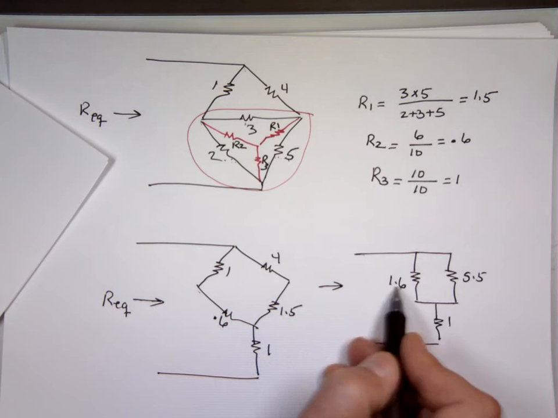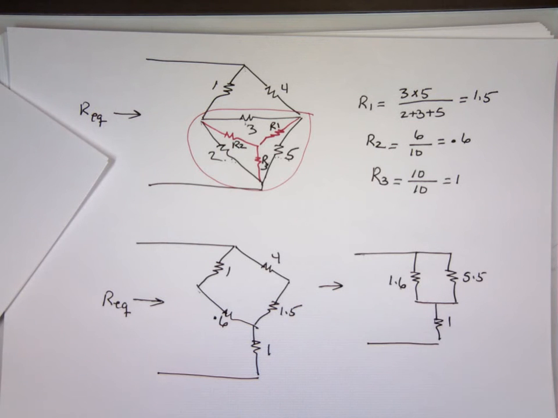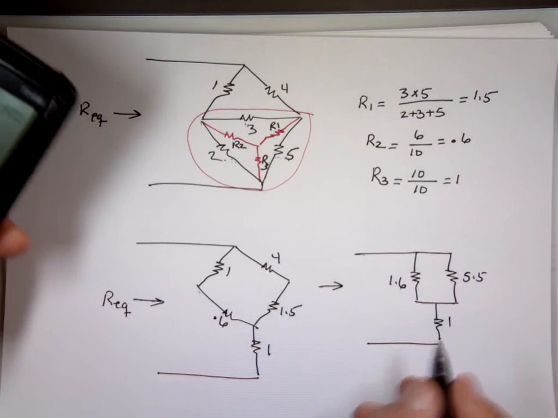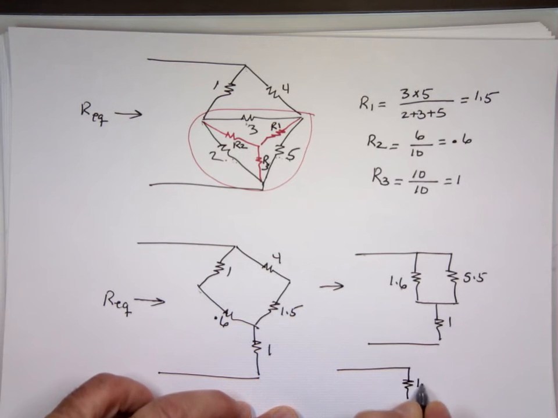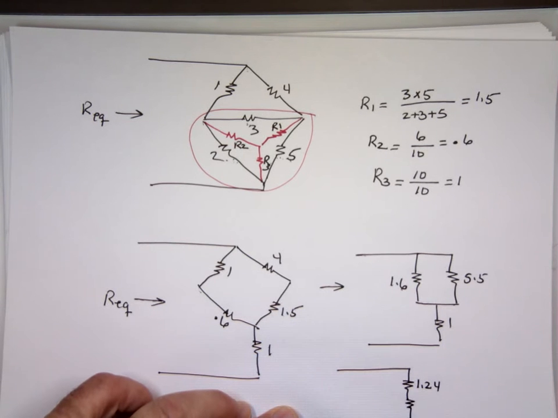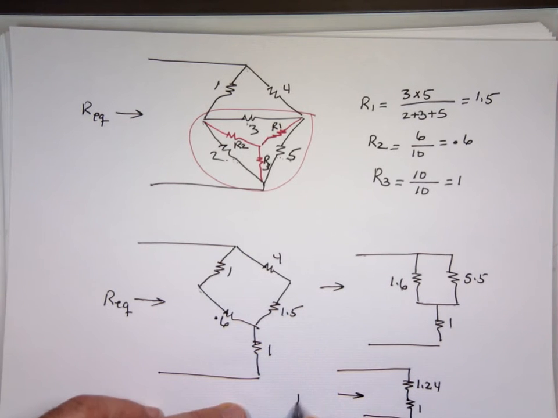The product over the sum again: what is 1.5 times 5.5 divided by 1.5 plus 5.5? 1.18. And the 1 here. What's our equivalent now? 2.24 ohm.